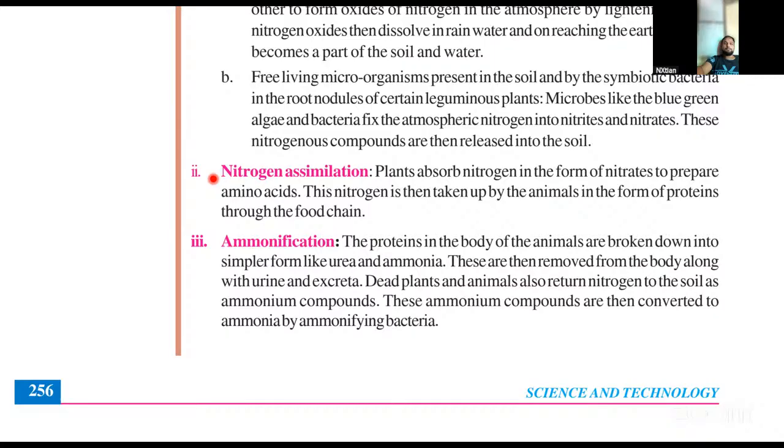From where is pepsin released? No idea? Edric, tell me. What was the question? Where is pepsin released, from which organ?